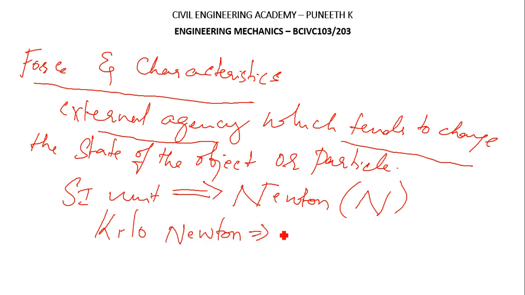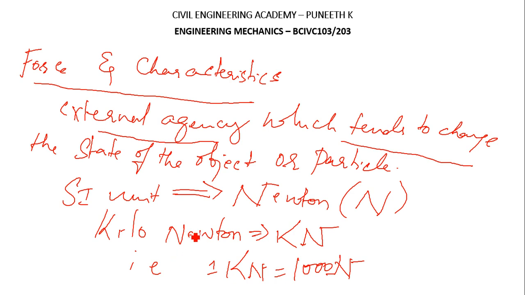It is represented with K as a small letter and N as a capital letter. The relation between kilonewton and Newton is 1 kilonewton is equal to 1000 Newton. This conversion is very important.